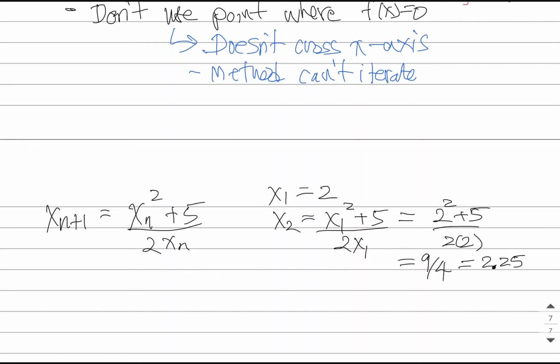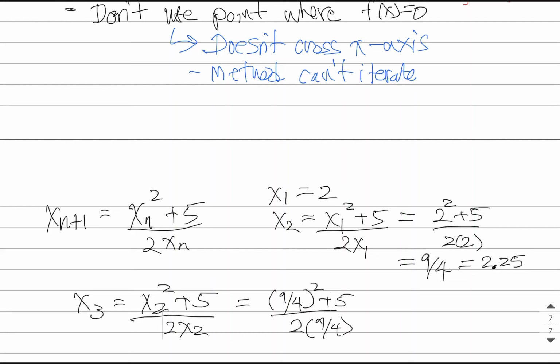So now I update. x3 would be x2 squared plus 5 over 2 times x2. So I would take my calculator and plug this in and go from there. Now, at some point, you're not going to be expected to do this with decimals or with fractions, so you're probably just going to end up doing things with decimals.